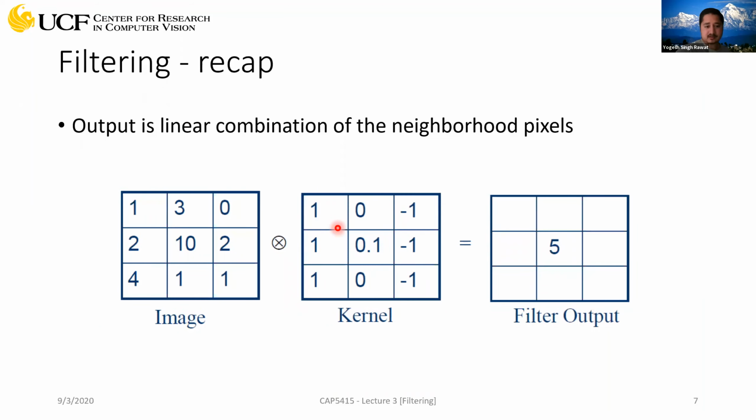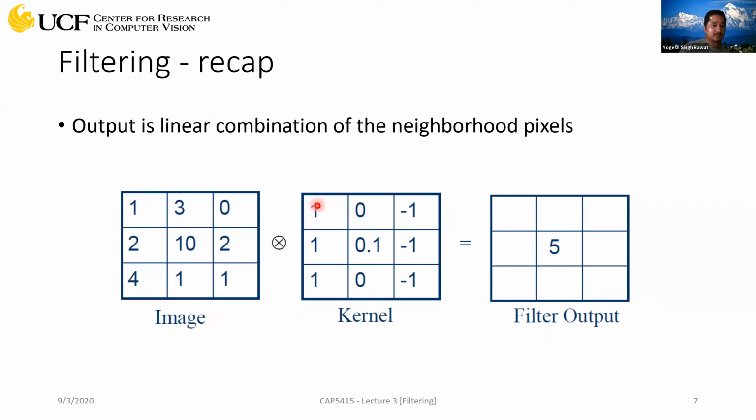Just a quick example. Again, this is your 3 cross 3 image. You are applying your filter at this location, and in this case, that's your filter. We also call filters kernels, so you can use these two terms interchangeably. If you apply this filter at this particular location, each value in the kernel will be multiplied with the corresponding value in the image location.